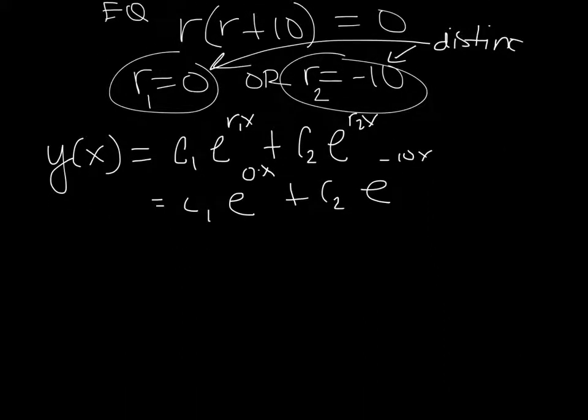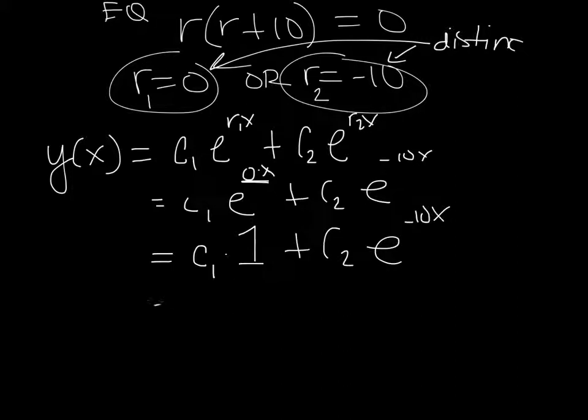And of course, we know 0 times x is 0, and e to the 0 is 1, so c1 times 1 is just c1. Then it's just c1 plus c2 e to the negative 10x.